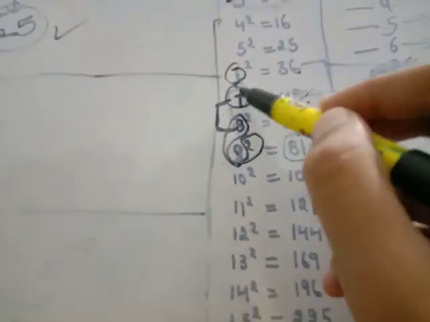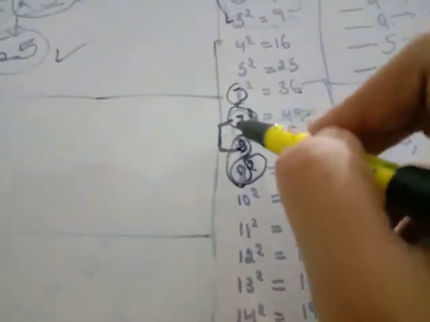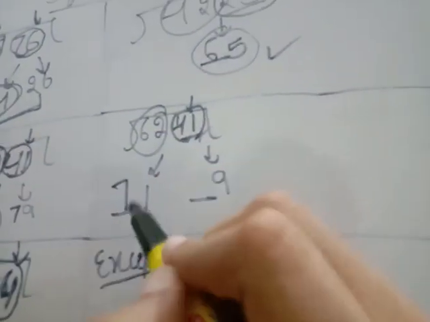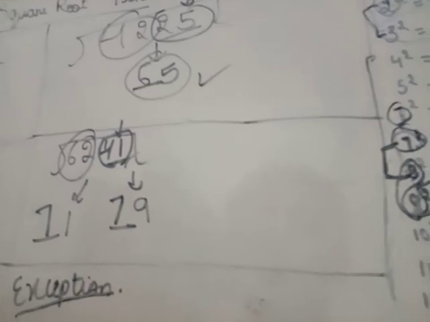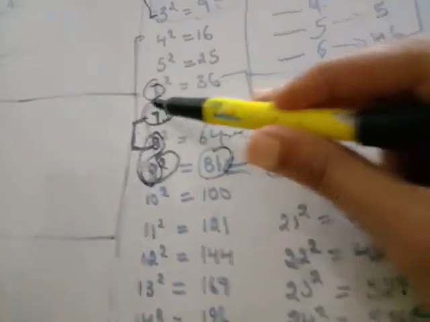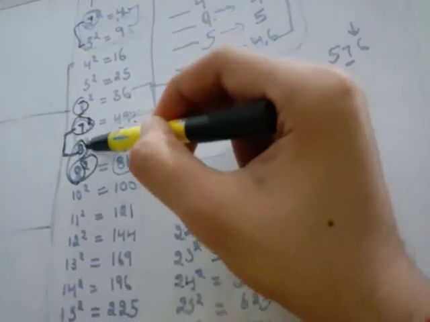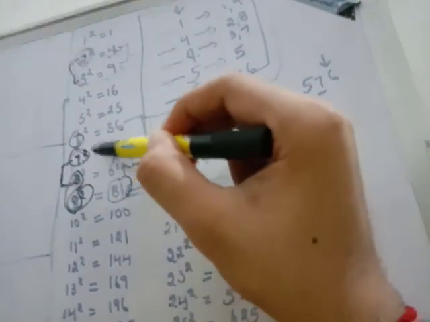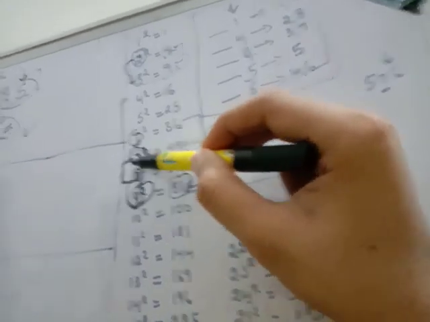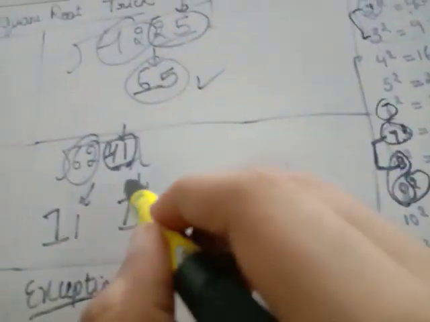Always choose the smaller number, that is 7. Between 7 and 8, smaller number is 7. So write here 7 and 7. Got it? Now see, 62 is more closer to the square of the larger number between 7 and 8. 62 is more closer to the square of 8, but not the square of 7. So between 7 and 8, 8 is the greater number. So pick the greater number and this is your answer.